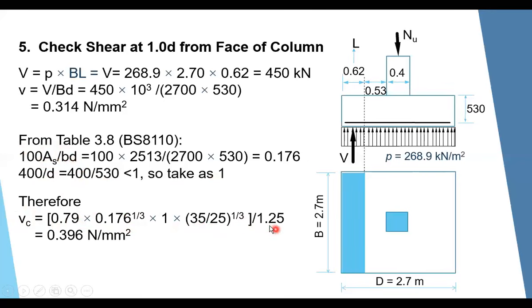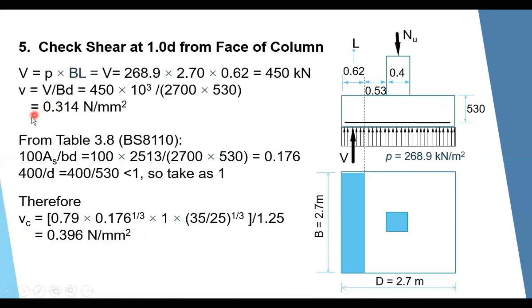All of this divided by 1.25. Okay, I didn't go into detail on this equation, but you can see it in the videos about designing one-way slabs and two-way slabs, and also when we design for shear in the beams. So the shear carried by the concrete equals 0.396 Newton per millimeter square.